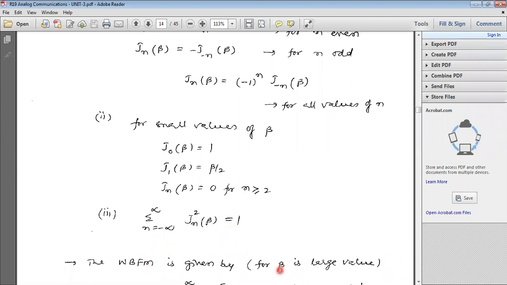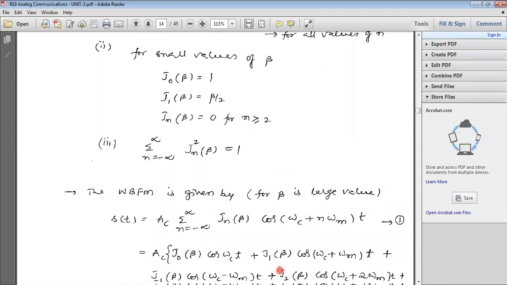What is the difference between narrowband and wideband? The modulation index beta is small in narrowband frequency modulation, whereas in wideband frequency modulation the beta value is high.